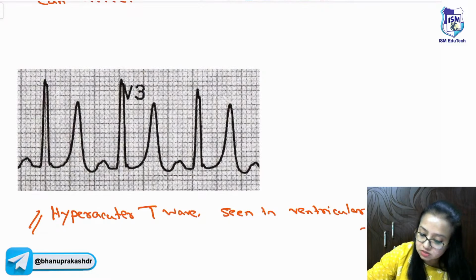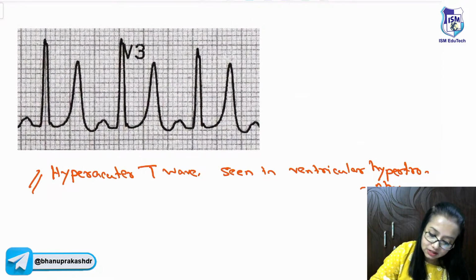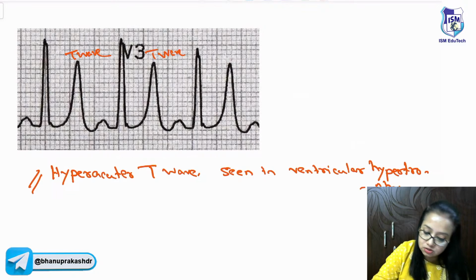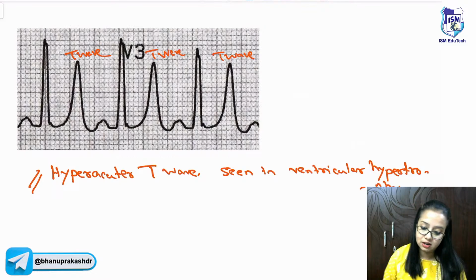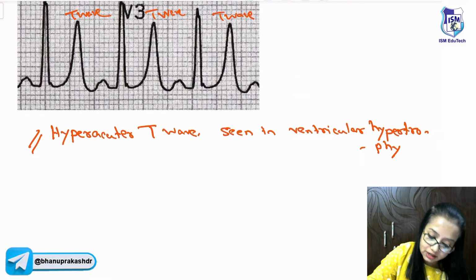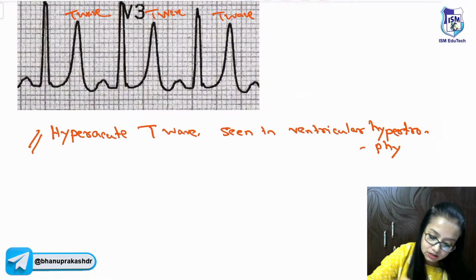So if there is ventricular hypertrophy, it may cause such a kind of peak. Like this is the T wave. This is the T wave. This is the T wave as shown in V3. So you see, it is almost as tall as the R wave. It is very big and hyperacute. This kind of hyperacute T wave will be seen only when there is hypertrophy of the ventricle.